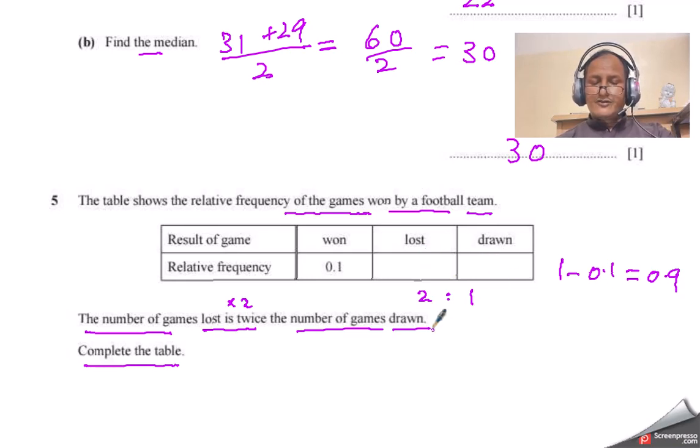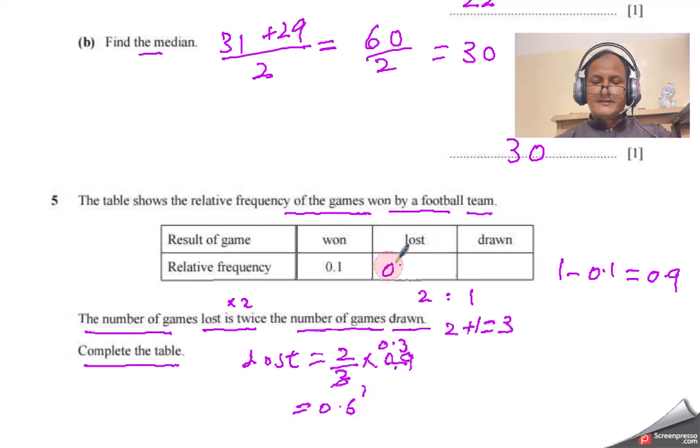The sum of the ratio 2 plus 1 equals 3. So for the lost, we have 2 by 3 times 0.9, which is 0.6. For the other one, we subtract 0.6 from 0.9, which is 0.3.